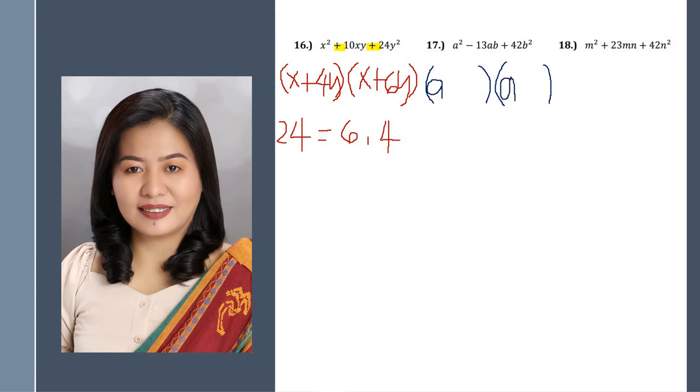Factors of b squared, of course, that's b and b. So we are going to write down and figure out the factors of 42 that give us a sum of 13. So we start with 1 and 42.